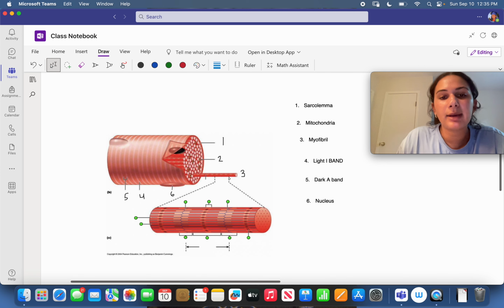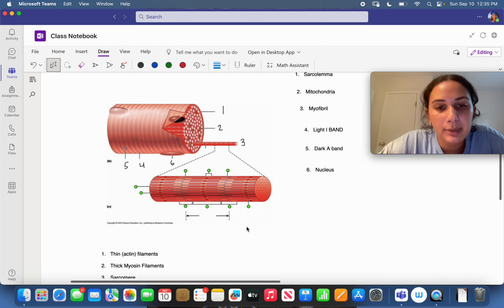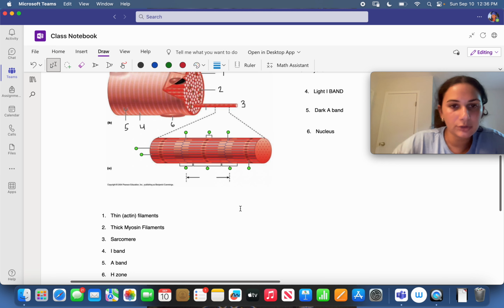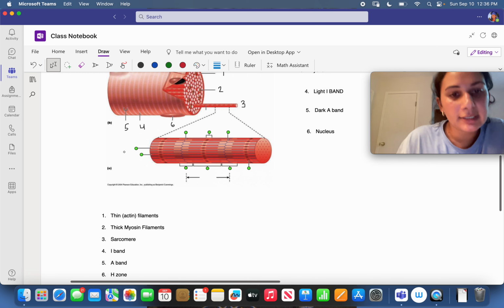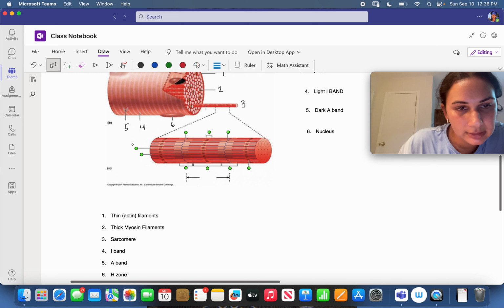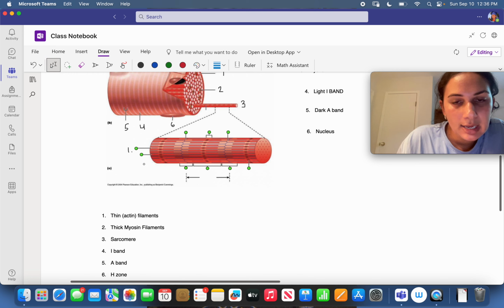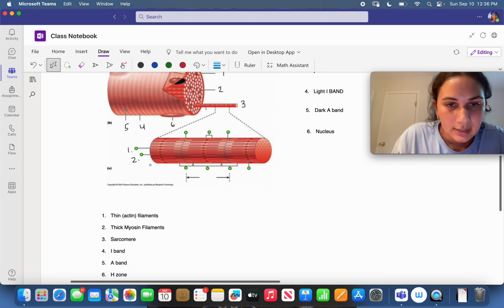Now let's take this myofibril and zoom in a little bit more. Like I said before, we're going to have these thinner filaments within the myofibril, and then we're going to have the thicker filaments, thick myosin. So thin actin, thick myosin.